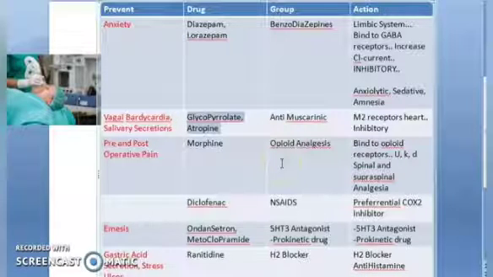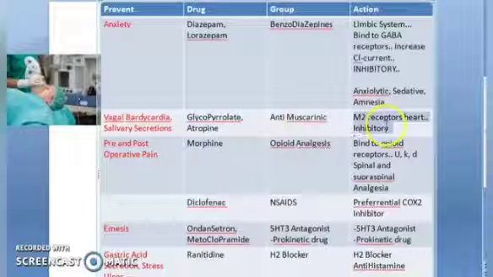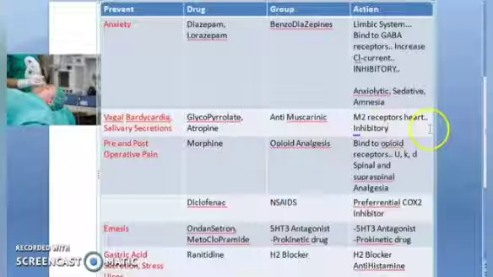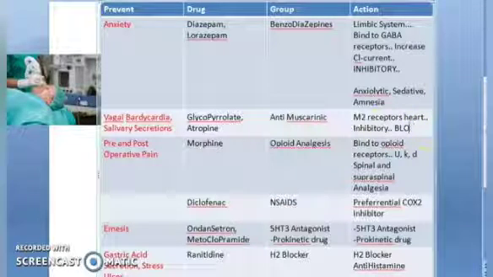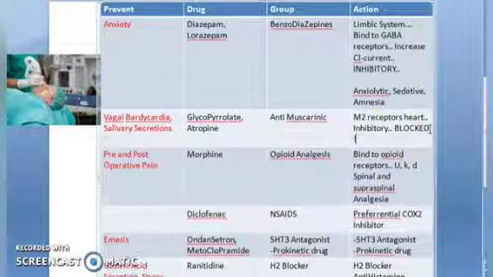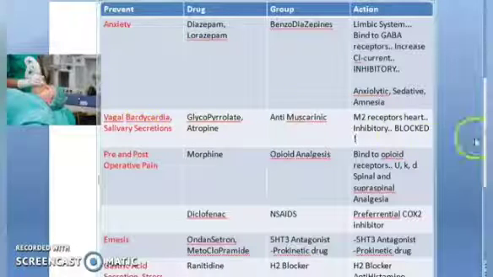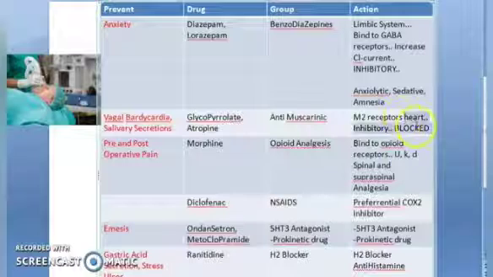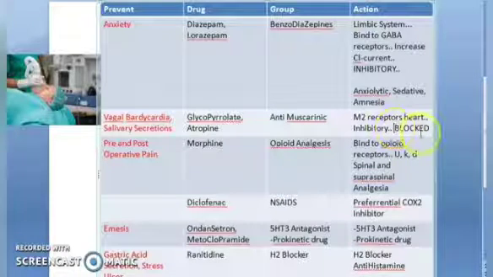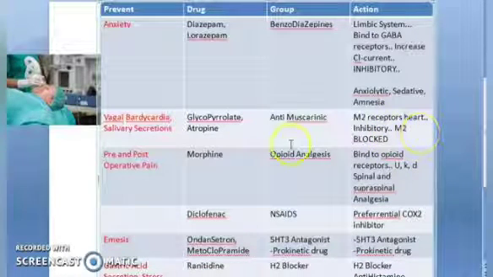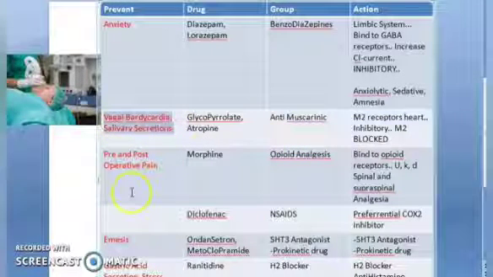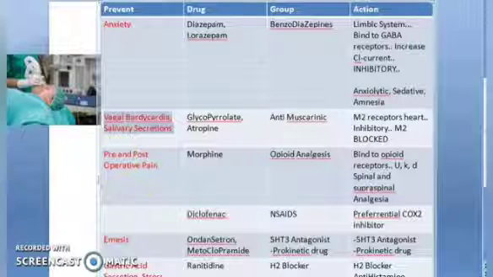M2 receptors are actually inhibitory, correct? These will get blocked. That's the whole point. You want to block the M2 receptors. That's how they prevent bradycardia and salivary secretions. This much you understood, right?